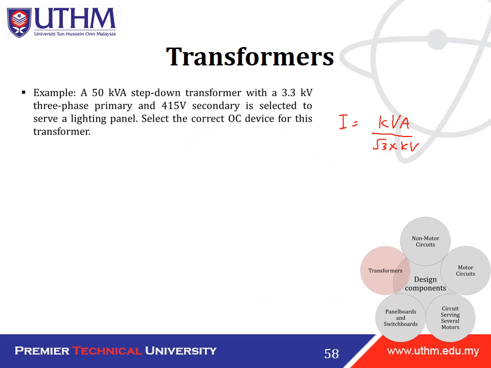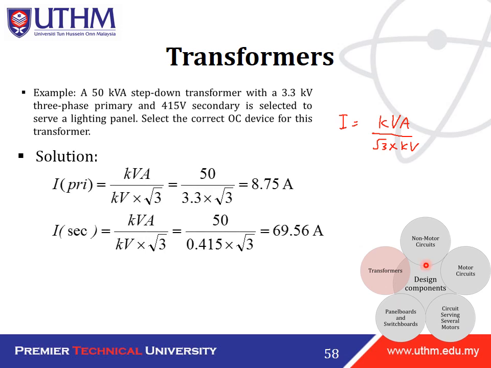Okay, from the previous discussion, we know that I is equal to kVA divided by √3 times kV. So we can calculate the current for primary and secondary side.